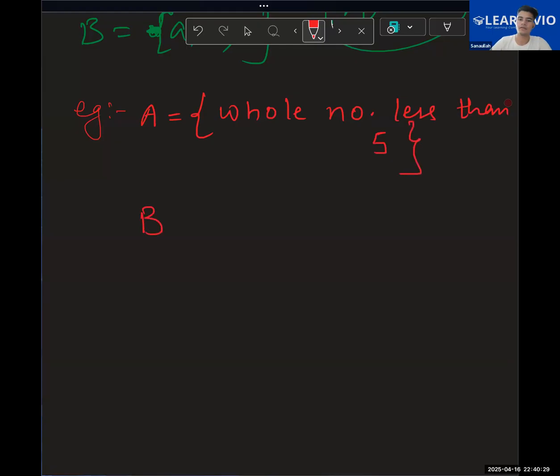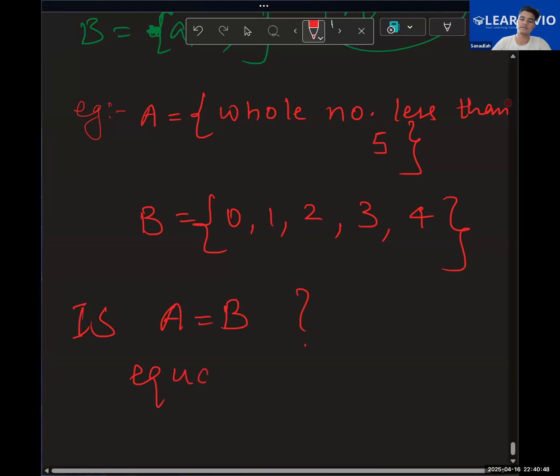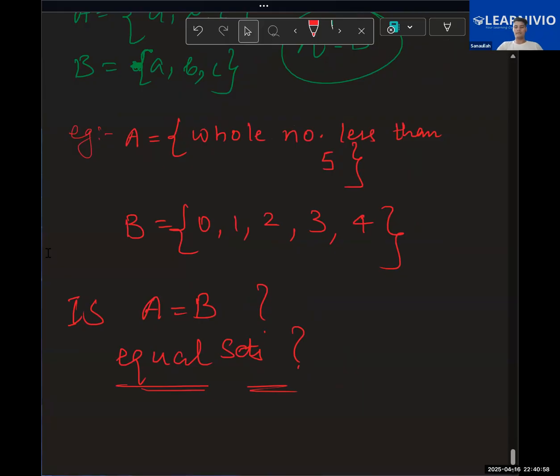You have a set B which is 0, 1, 2, 3, 4. So tell me, is A equal to B? That means equal sets. Are they equal sets or not? Tell me quickly. Yes, sir. They are equal sets.